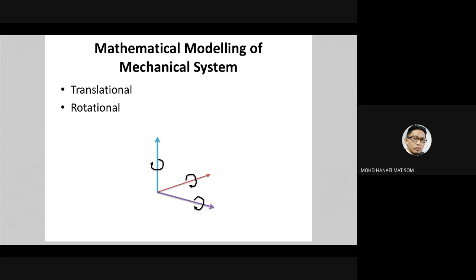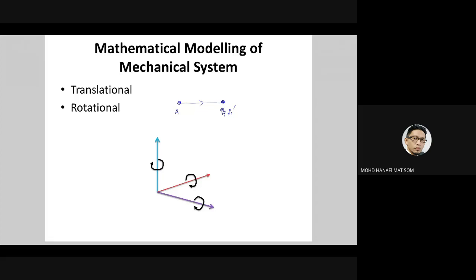Translational is very simple. You have a point A and you have a point B. Translational is just a movement from point A to point B, or from A to A prime. But rotational actually rotates about its axis.